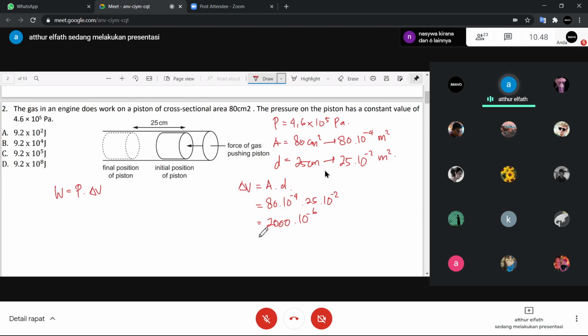Or maybe we can write this as 2 times 10 minus 3. What is the unit of volume? The volume unit is meter cubic, of course.